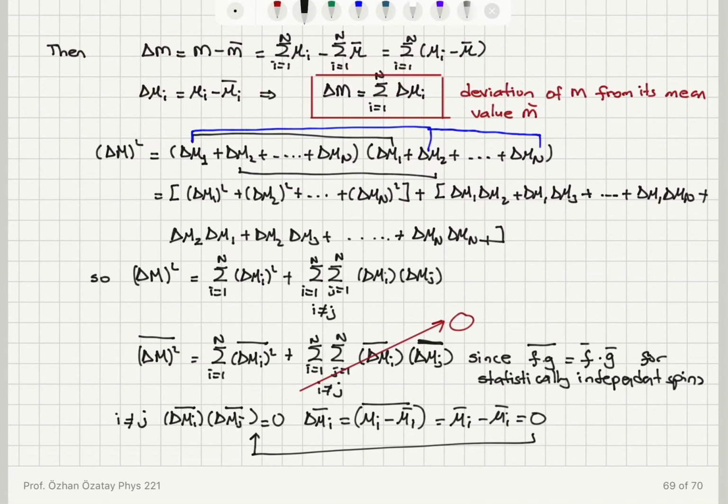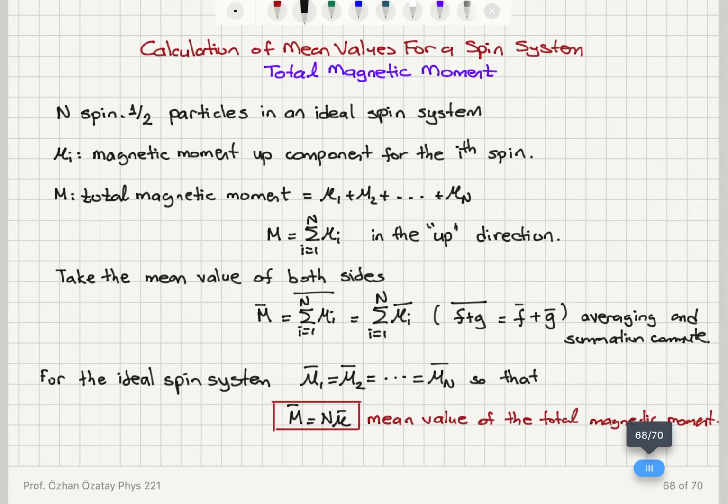So let's summarize what we did here. For an N spin 1/2 particle ideal spin system, I considered the magnetic moment up component of the ith spin, mu sub i, and the total magnetic moment is the summation of all the moments. Now, if this is in a zero external magnetic field, we would have no preference for up and down directions.